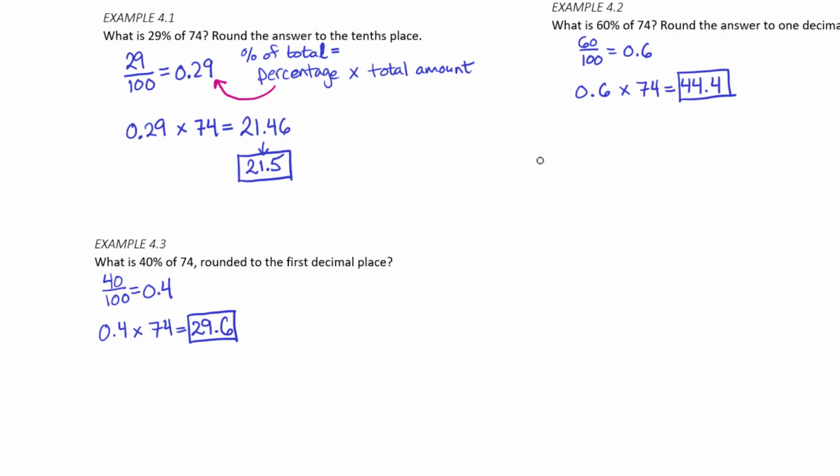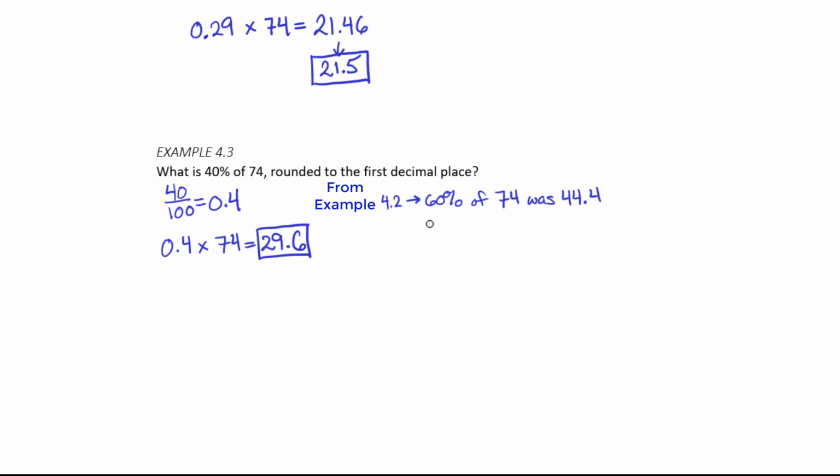What's another way we could do this? Another way we could do this is to look back at example 4.2. 60% of 74 was 44.4. 74 represents 100%, right? So if you had all 74 of whatever this is, you would have 100% of whatever it is. And we found out that 60% of 74 was 44.4.